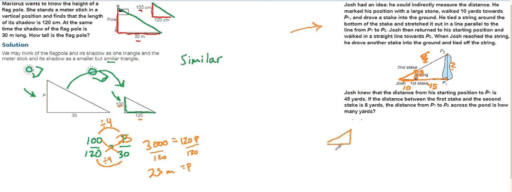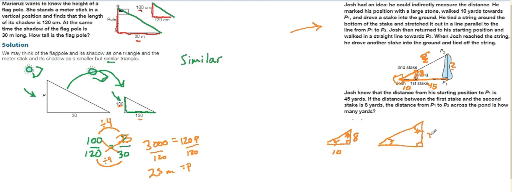The smaller one, which is 10 towards P1, and the string is 8, it says. And then on top of that, like this, it's a similar triangle because they share this vantage point, this Josh Stone vantage point, this bigger triangle which also has 90-degree angles, which the top angle is the same as this top angle. The angles all measure the same. It's similar.